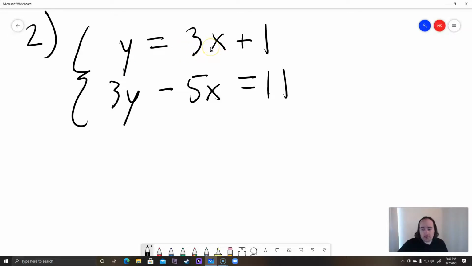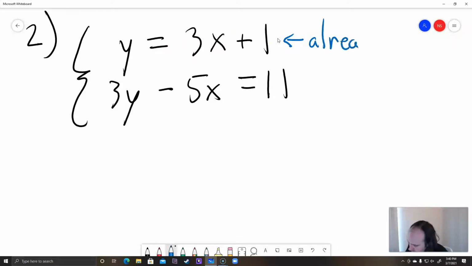Again, we're going to solve this by substitution. Now, what's our first step for substitution? We said the first step is to solve one of the equations for one variable and plug the expression into the other equation. Which of these 2 equations is already solved? We can see the top equation is already solved for y.